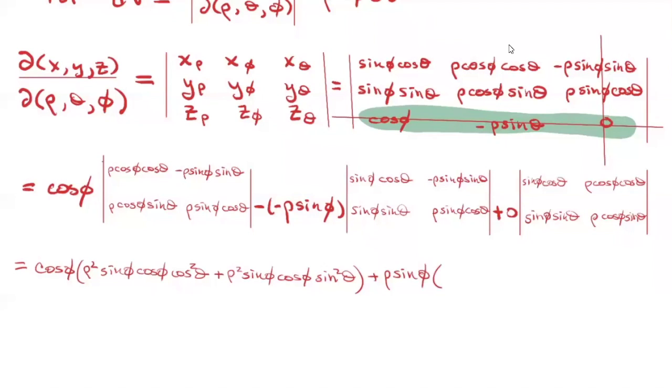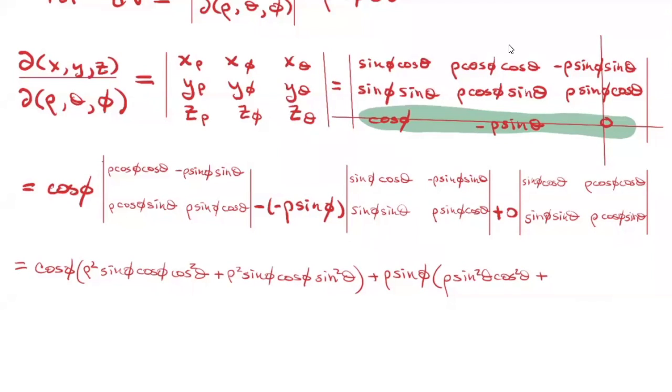And the next part, it's a rho sine square phi cos square theta, my bad. And I'm questioning this, so give me a second. I'm not sure this is right. Sine square phi, sine square theta.